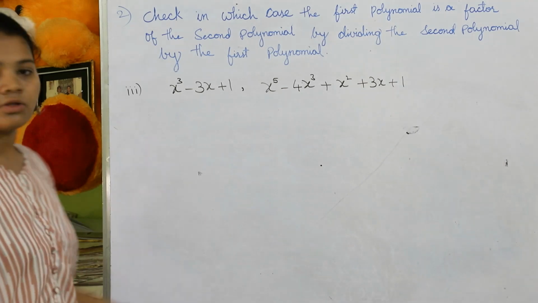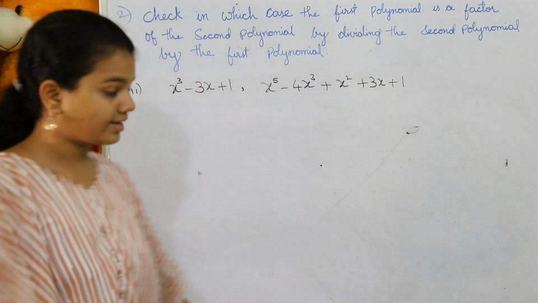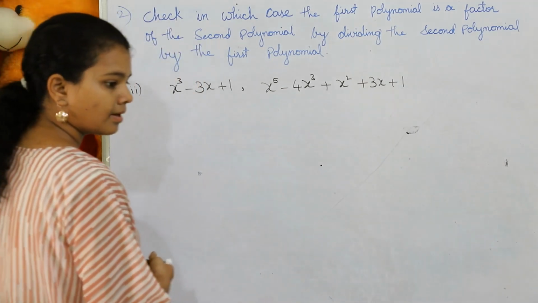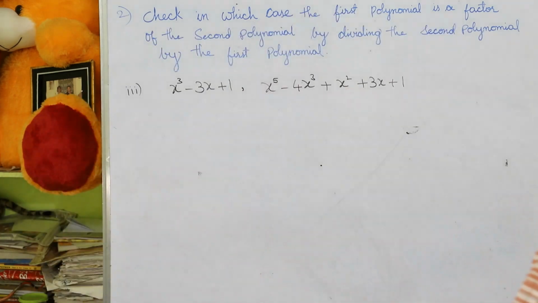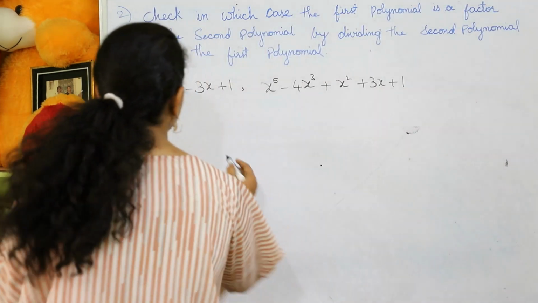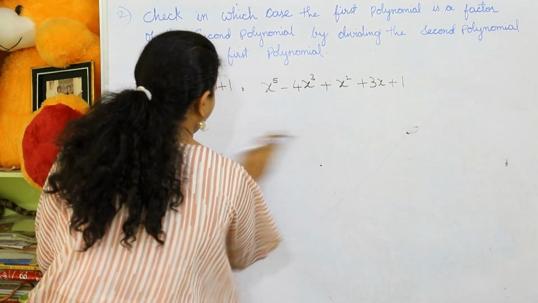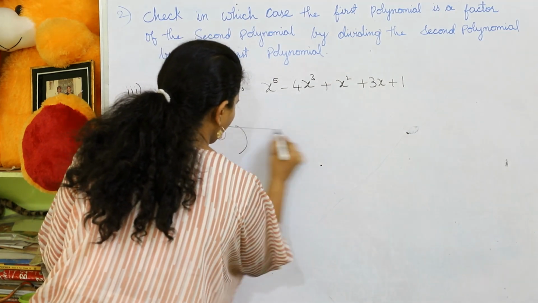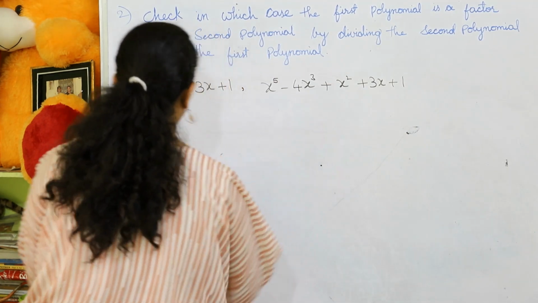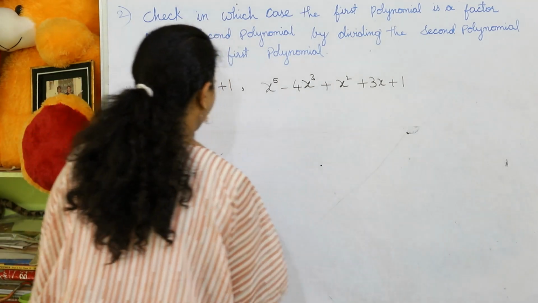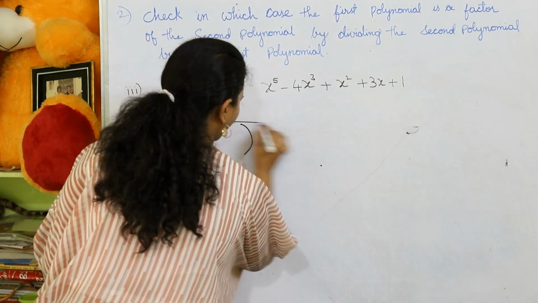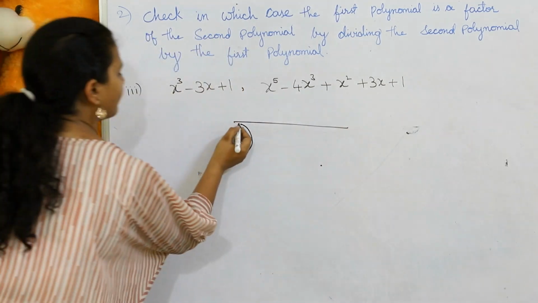So then what you do? You draw the division setup. So here let us draw this. Okay, guys, now let me make a solution over here.